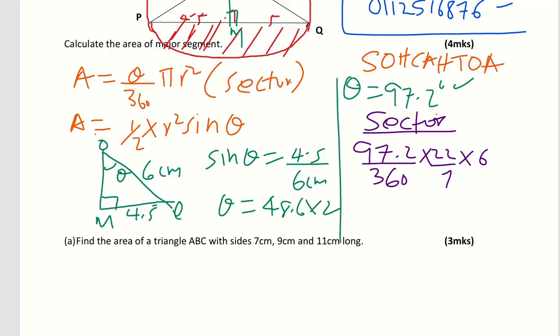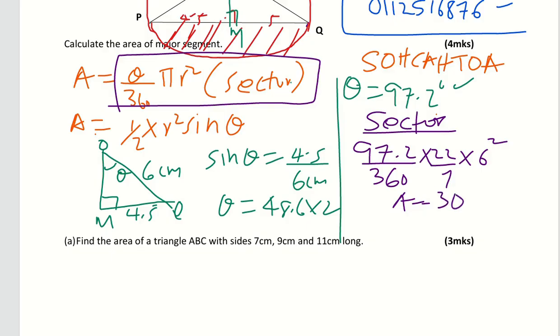That is theta all over 360 pi r squared. So it will be 6 squared. From your calculator, you get 30.55. So the area is 30.55 centimeter squared.